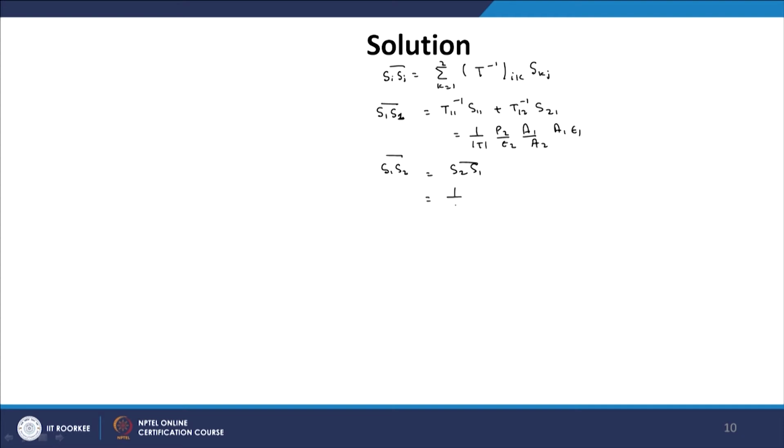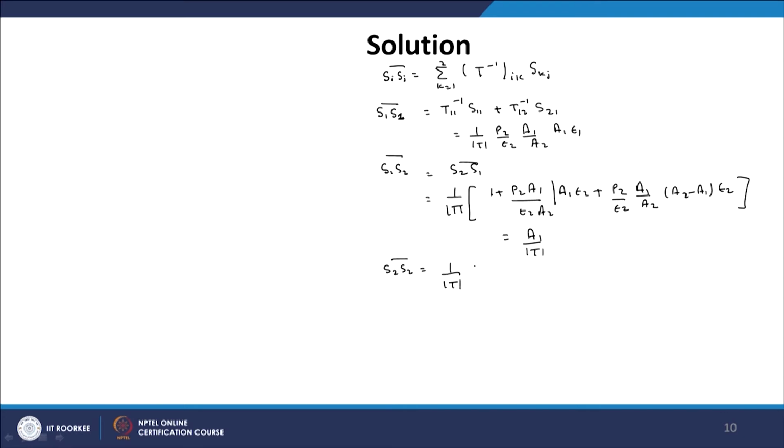This will be equal to 1 by T magnitude times [1 plus rho 2 A1 epsilon 2 A2] A1 epsilon 2 plus rho 2 epsilon 2 A1 upon A2 times (A2 minus A1) epsilon 2, and on simplification this will be simply equal to A1 upon T. The last thing is S2 S2, which will be equal to 1 by T times [rho 1 by epsilon 1 A1 epsilon 2 plus epsilon 2 by epsilon 1 A2 by A2 minus A1].